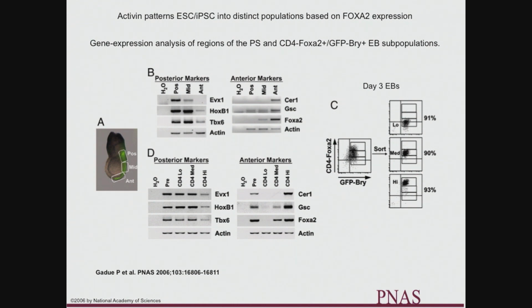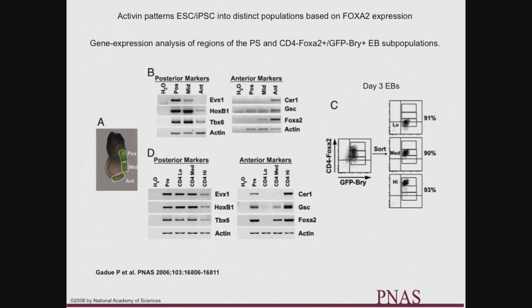And here you can see, looking at key markers of the posterior streak versus the anterior streak, his dissections worked, because you can see markers like EVX1, HOXB1, and TBX6, which are classic posterior markers, are enriched in that posterior population, whereas the anterior markers are enriched in this anterior population. How does that compare to in vitro cells?